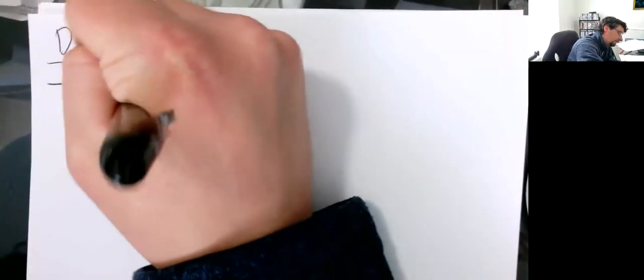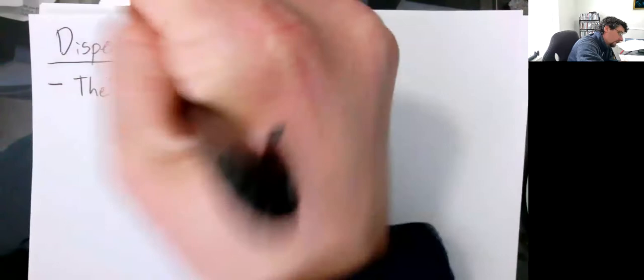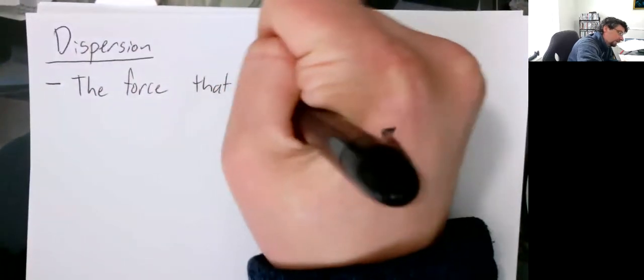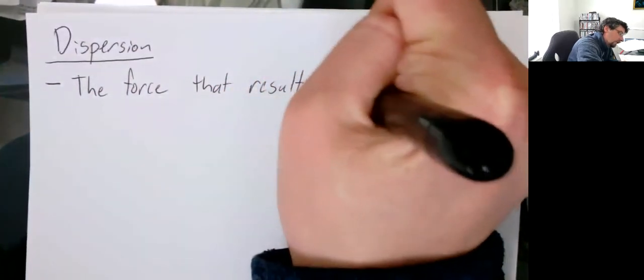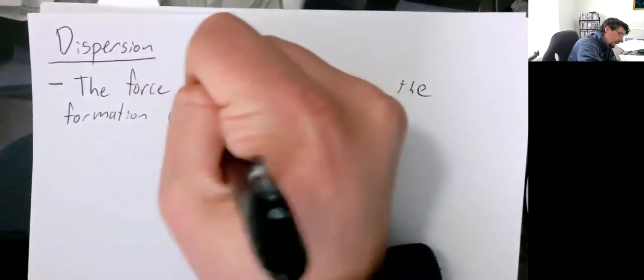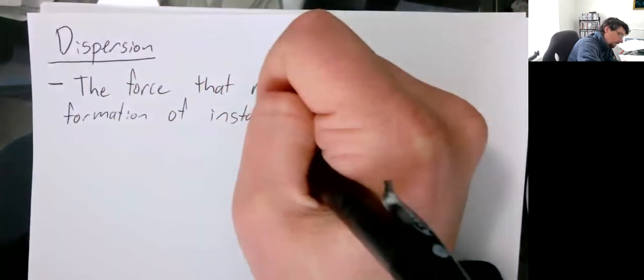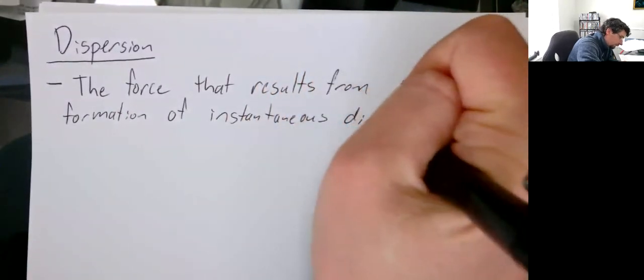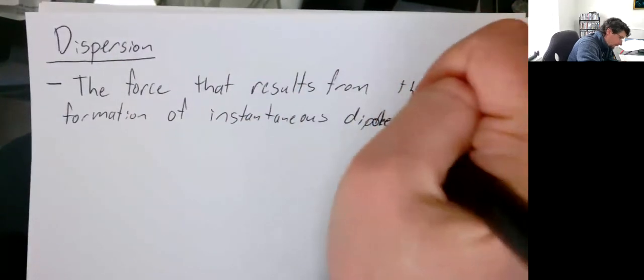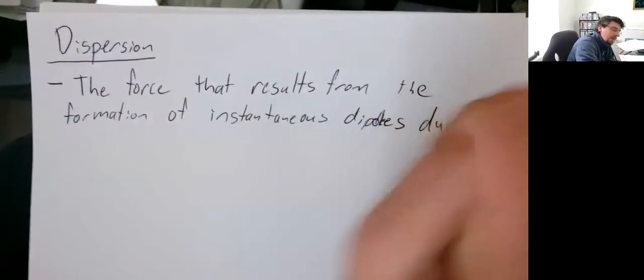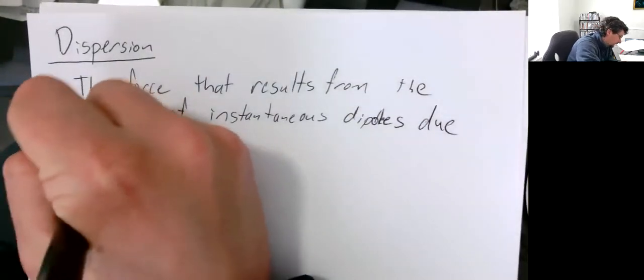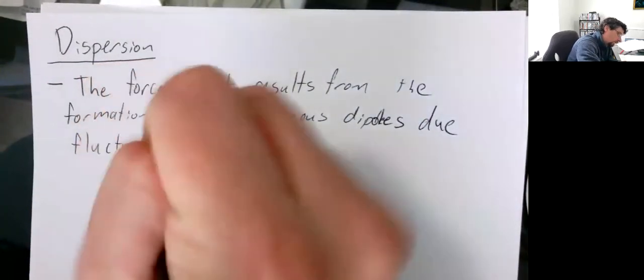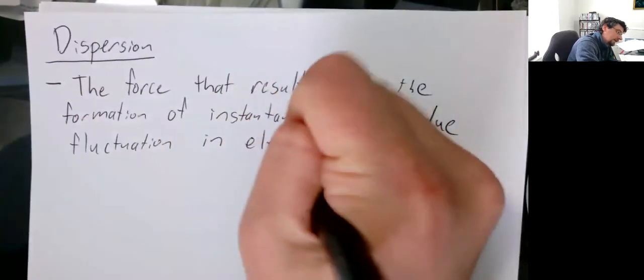So it's the force that results from the formation of instantaneous dipoles. And these dipoles come about due to the fluctuation in electron density.